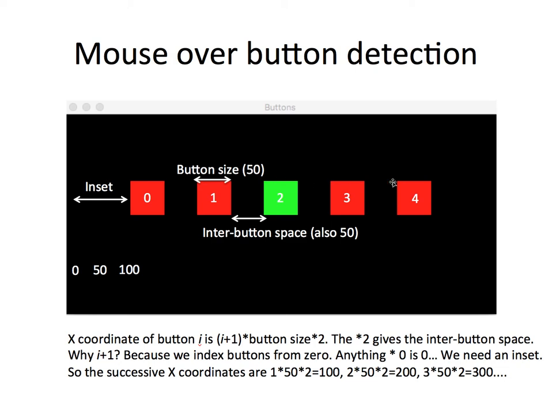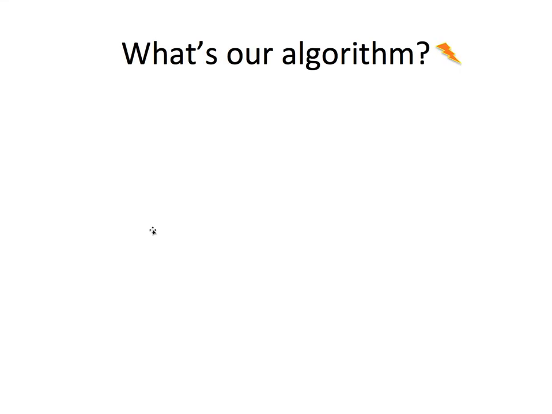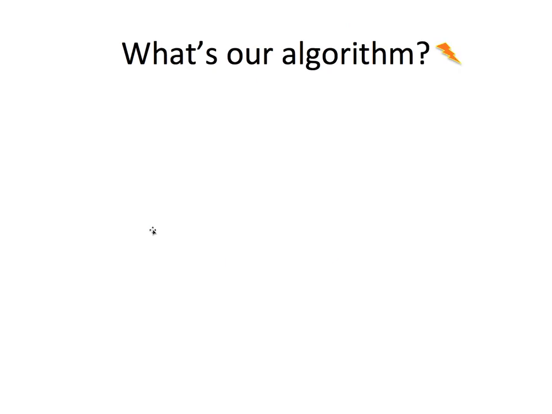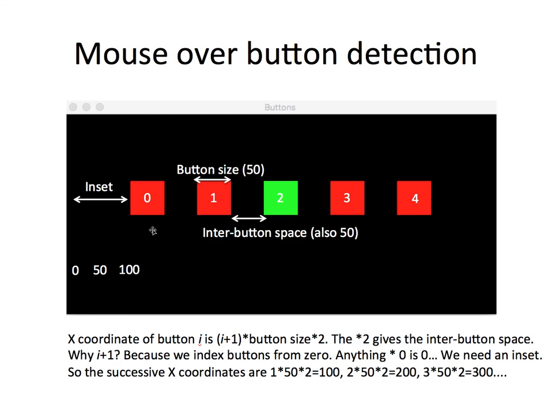For some button which is indexed I, the pixel location of its top left hand corner is I plus 1 multiplied by button size times 2. So let's break that down. The I plus 1 allows us to get the inset.